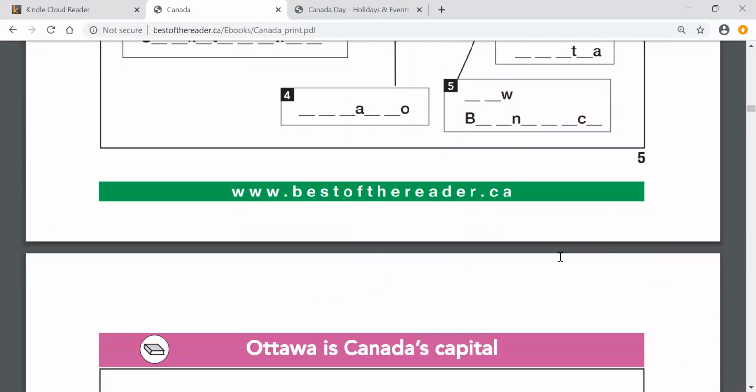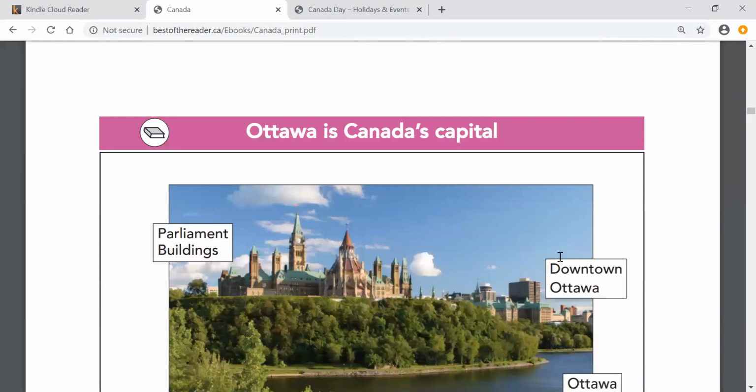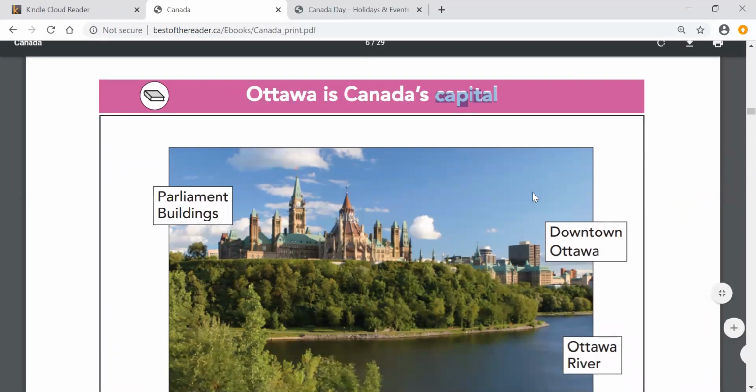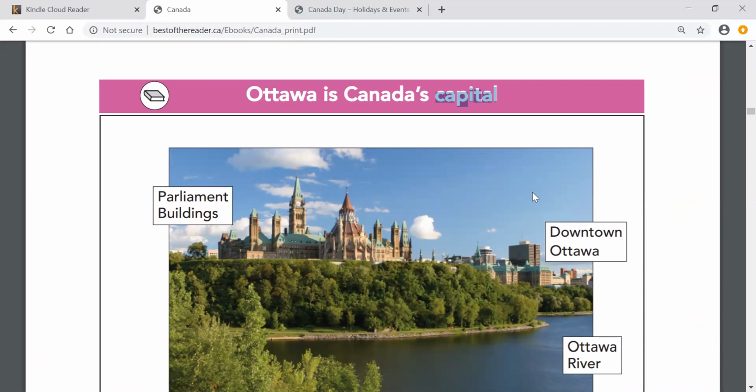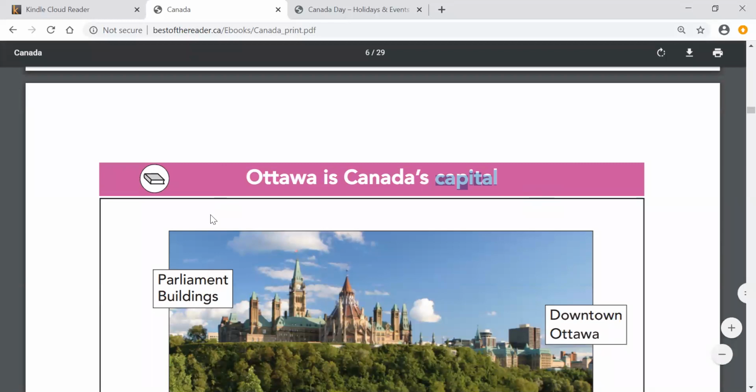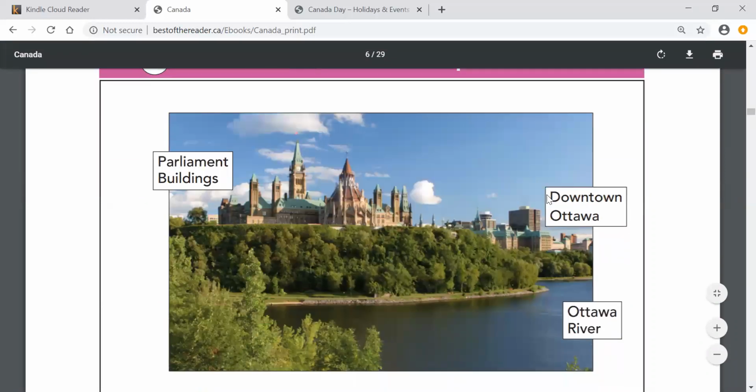Now let's read a little bit about Canada's capital. What is a capital? A capital is the name of a city that is the main, the most important city of Canada, right? So Ottawa, the city of Ottawa, is the capital of Canada.